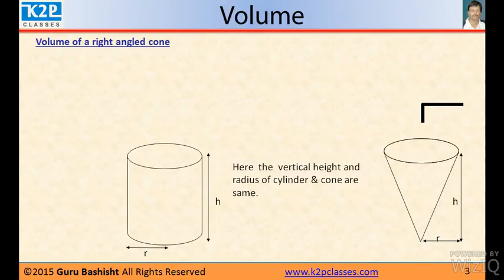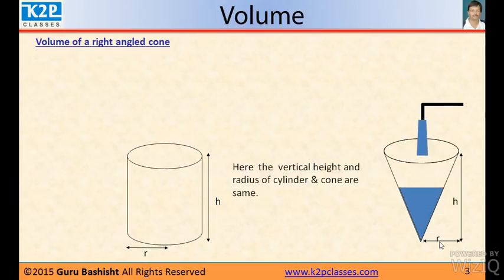Now we will see what is the volume of a cone. We are taking one cylinder having height h and radius r. We are also taking a cone whose height is h and radius is r.